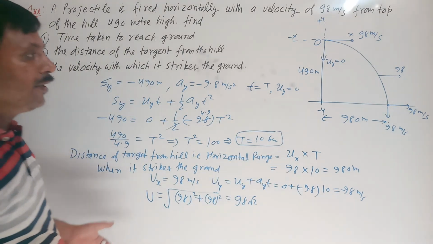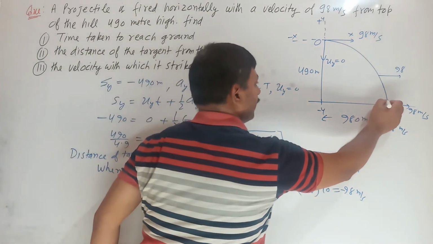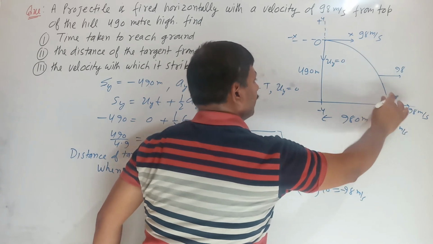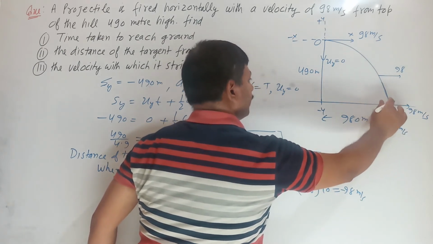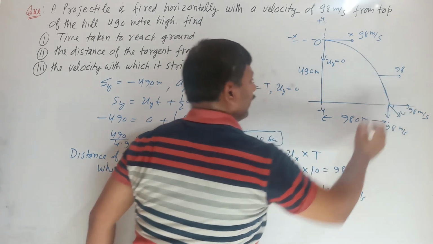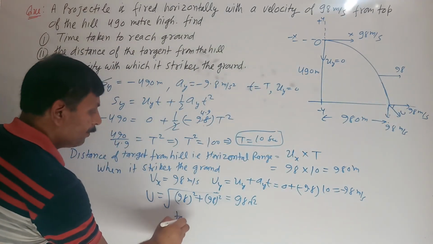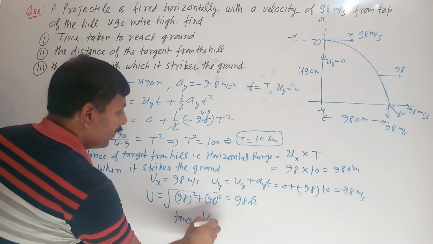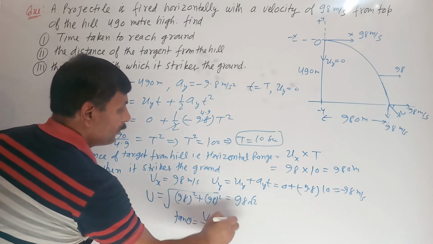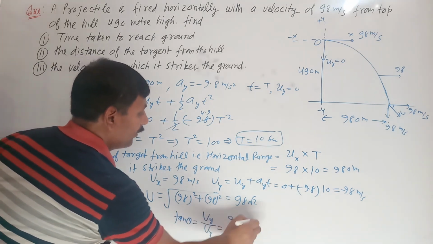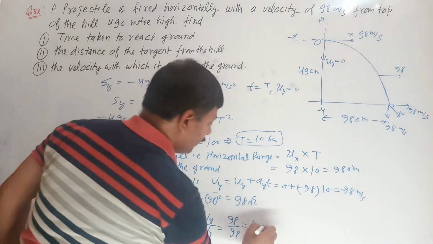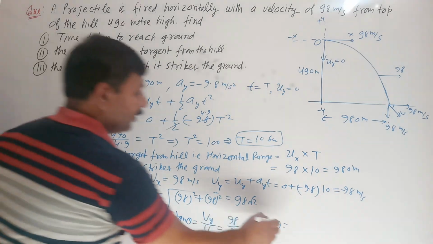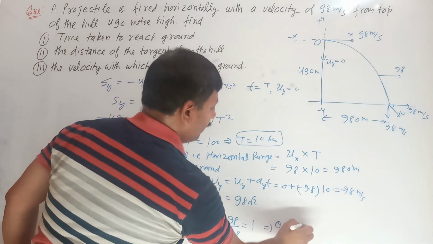What will be the direction of this velocity? See here, tan theta is equal to Vy upon Vx. So 98 upon 98 comes to 1. What will be the direction from the horizontal? So theta is equal to 45 degrees.